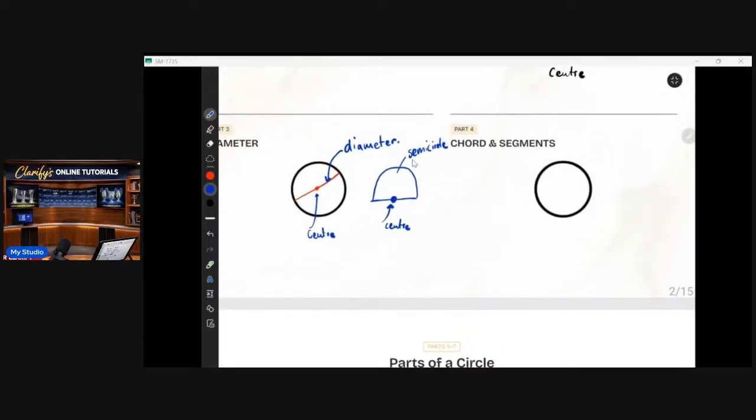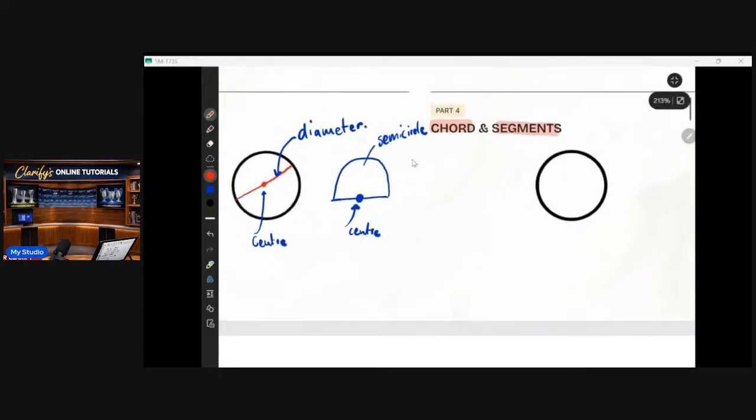Now, the next part you have to know is going to be chord and segments. The next part of a circle that you must all know is the chord and segments. Now, we're going to have the center of a circle again, which is the point at the middle of your circle. Then you are going to have a line that comes from one part of the circumference to another part, but it doesn't pass through the center.